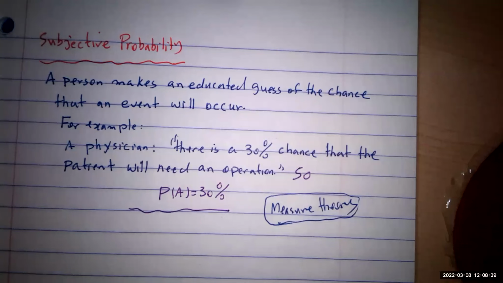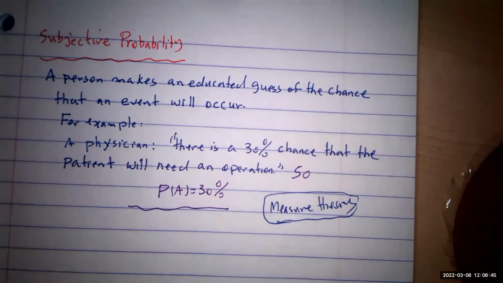But what's going to be the idea? These measures or probabilities are special functions. You cannot pick any function. When we talk about a function in algebra, for example, f of x is equal to x squared minus 3x plus 1, that's a function. The question is, can this function be the probability of an event?